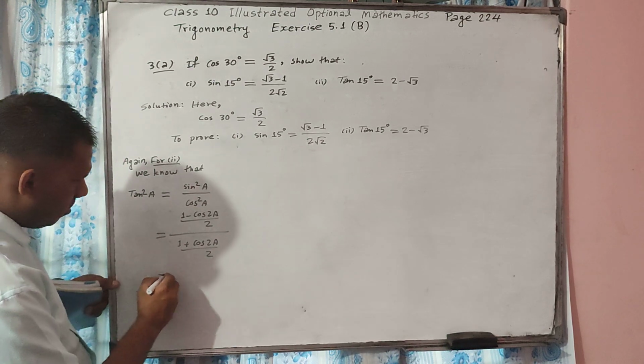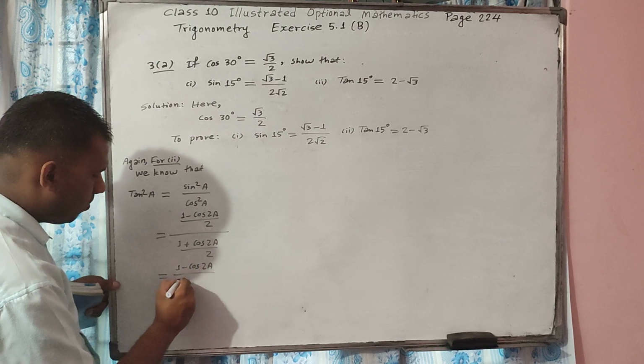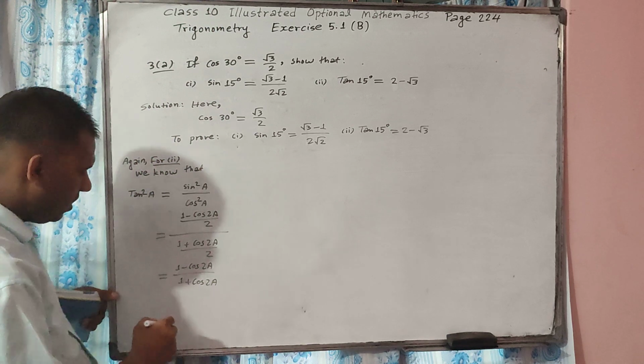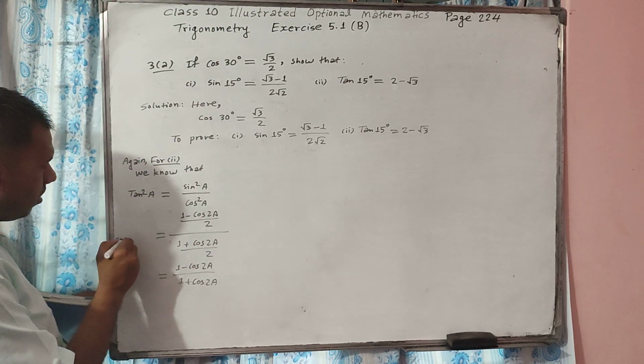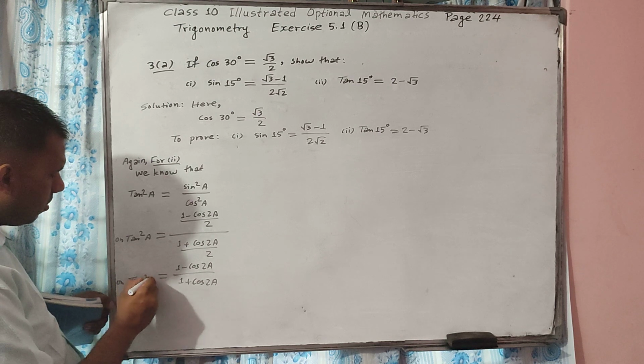The 2 cancels out, equal to 1 minus cos 2A whole upon 1 plus cos 2A, or tan square A.